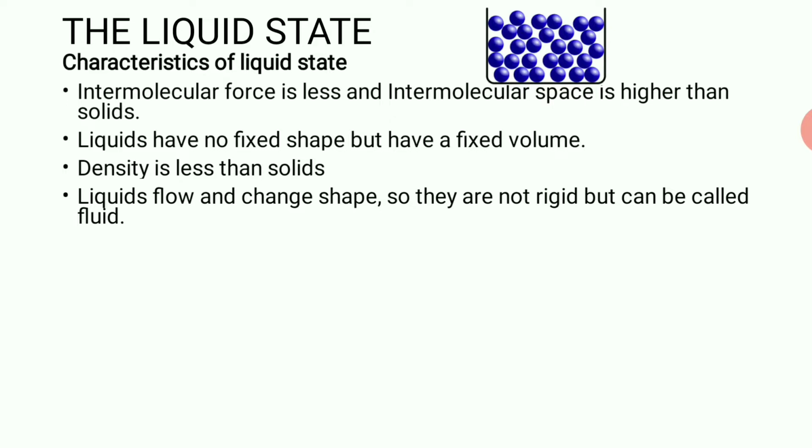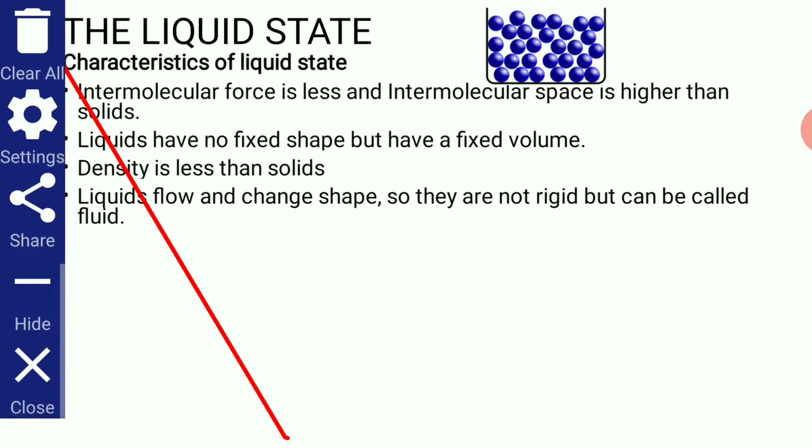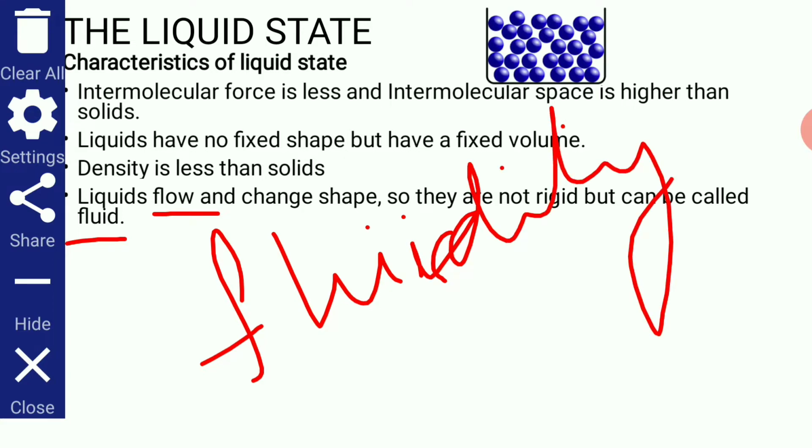The next point is liquids have the ability to flow, and the substances which have the ability to flow are called fluid. The matter which has the ability to flow is called fluid, and the property to flow is called fluidity.